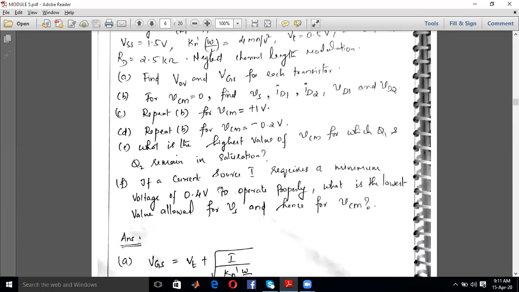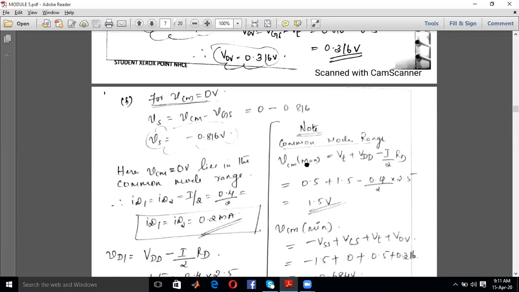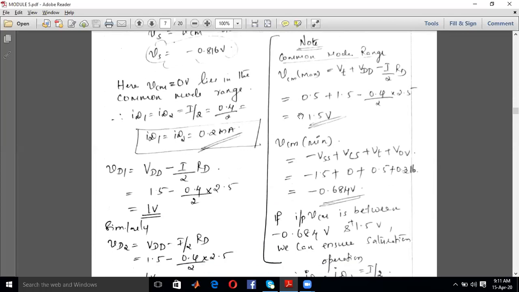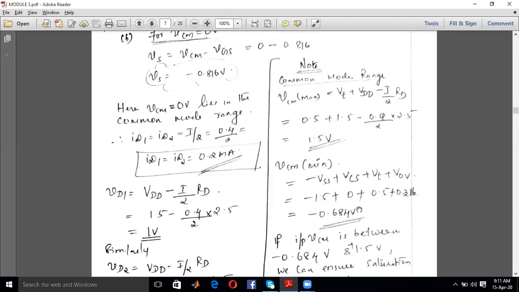So be careful that this 0.4 volt is nothing but VCS, but it is applicable only for the sixth part of the question, and it is not applicable to A to E portions. Fine. So while calculating the maximum and minimum value of the common mode range, we have to take VCS as 0 volt.